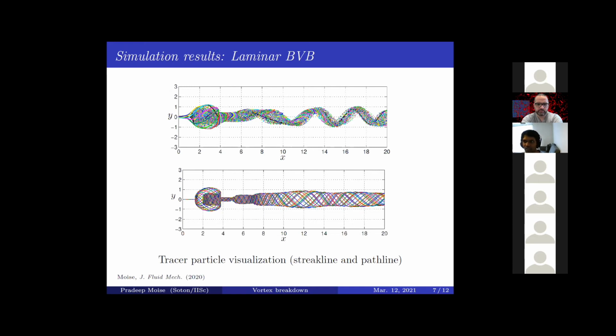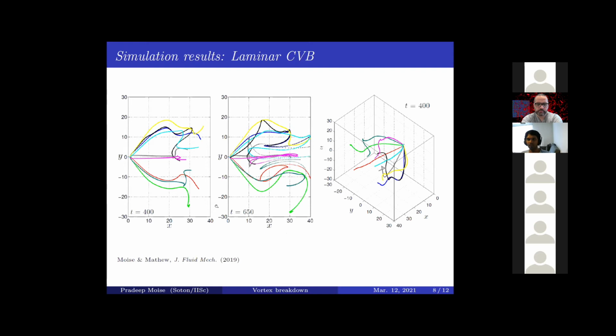And this is for the laminar case. That's the bubble form of vortex breakdown. But we could also simulate the conical form of vortex breakdown, which is shown here. And you can see that again, it stagnates and then it expands approximately conically, which is the characteristic feature of the recirculation zone of a conical form of vortex breakdown.